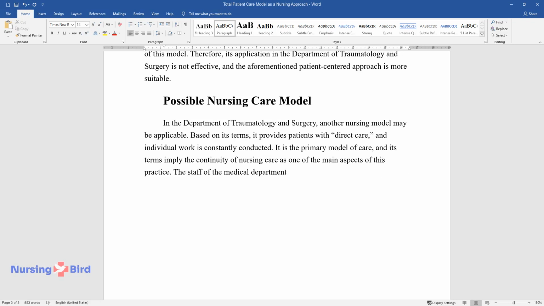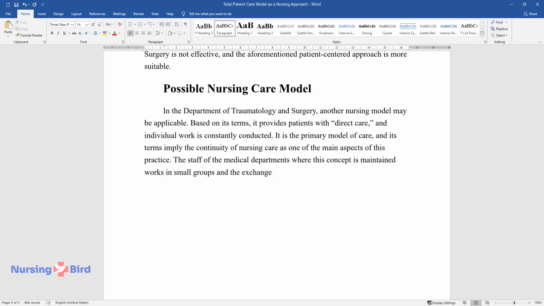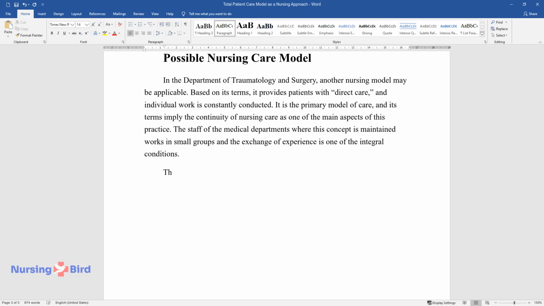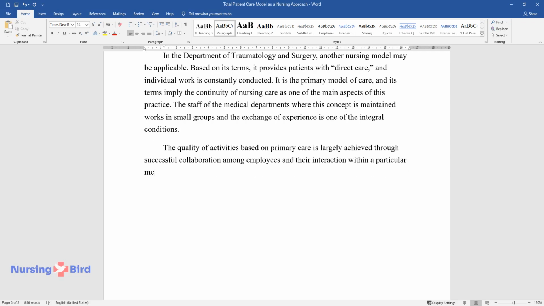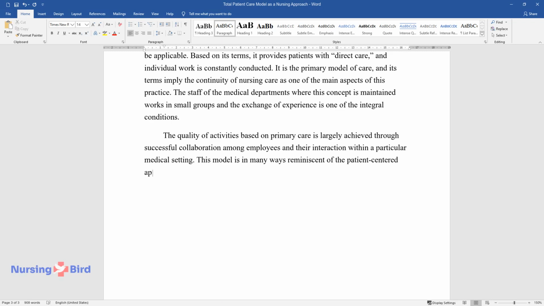The staff of the medical departments where this concept is maintained works in small groups, and the exchange of experience is one of the integral conditions. The quality of activities based on primary care is largely achieved through successful collaboration among employees and their interaction within a particular medical setting. This model is in many ways reminiscent of the patient-centered approach and is its potential substitute while implementing it in the Department of Traumatology and Surgery.